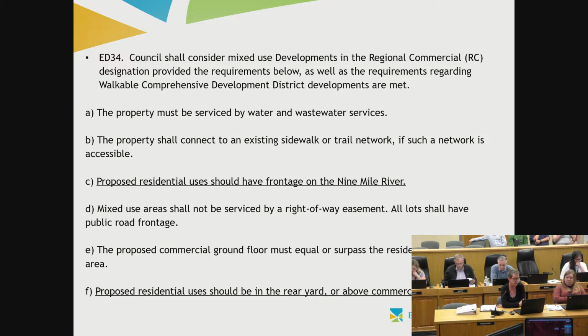So this is the policy in question, ED34, and I've highlighted by underlining the two sections that are under discussion. And it says that council shall consider mixed-use developments in the regional commercial designation, provided the requirements below, as well as requirements in the WCDD zone designation, are met. So C is proposed residential uses should have frontage on the 9 Mile River, and F, proposed residential uses should be in the rear yard or above commercial uses.